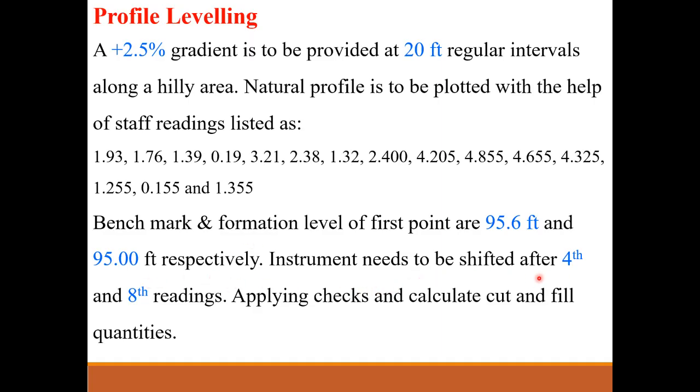Instrument needs to be shifted after 4th and 8th readings. By applying checks, we will calculate the values of cut and fill. So this is the overall question. Now we shall see how we can calculate the cut and fill quantities using the leveling procedure.